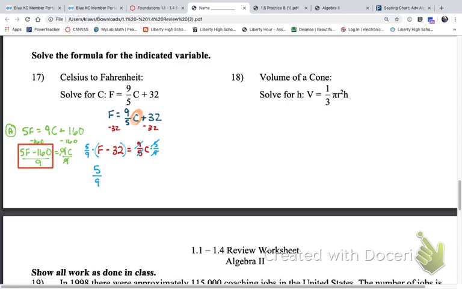Because 5/9 times 32 is not real nice, I would probably either leave it like this and just do a parenthesis, or you could make it 5/9 f minus 160 over 9 equal to C. Either one of the two in blue work for me.